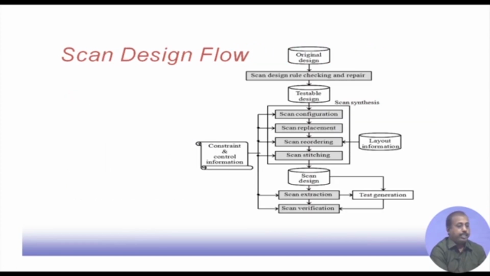Now, in the scan design flow, how does this have to be done? We have seen that there are several ways of converting flip flops to scan flip flops, and that there are some design rules for that. Now, how are they taken care of in the whole design process? The original design first goes through scan design rule checking and repair.